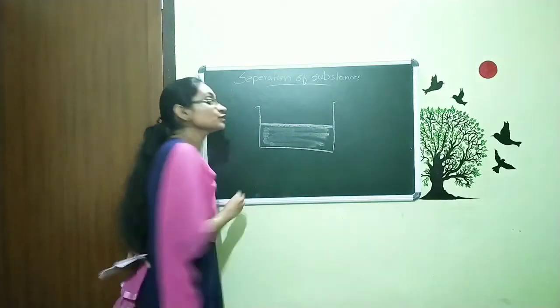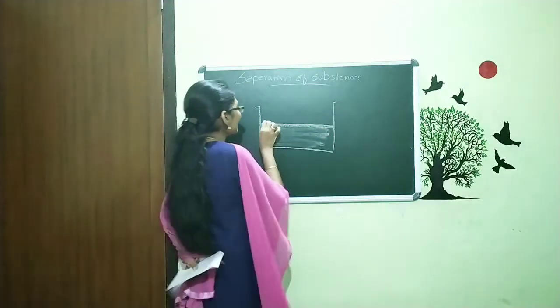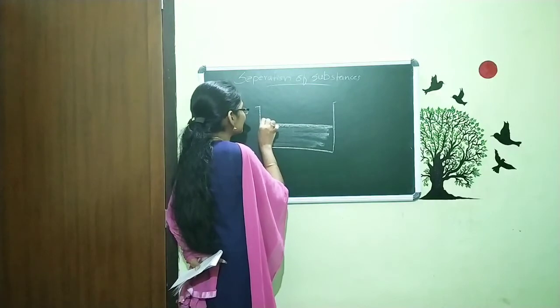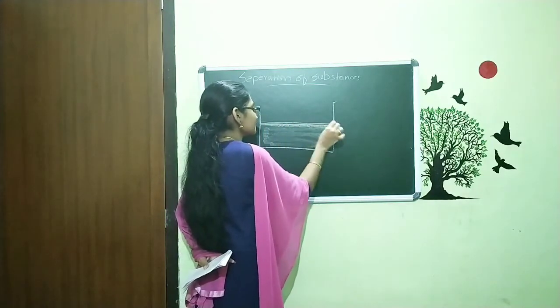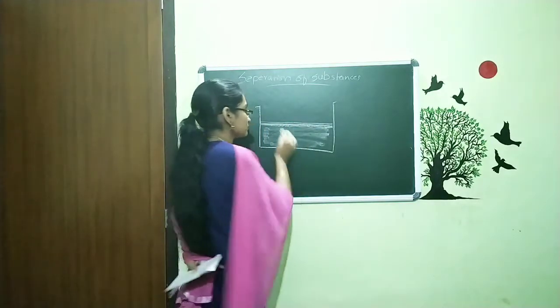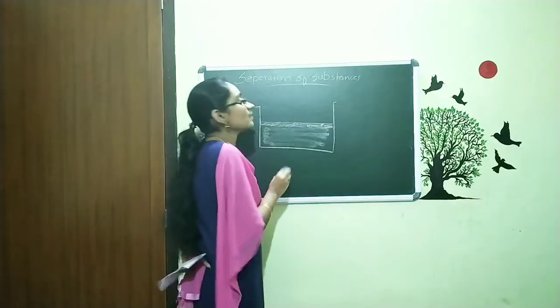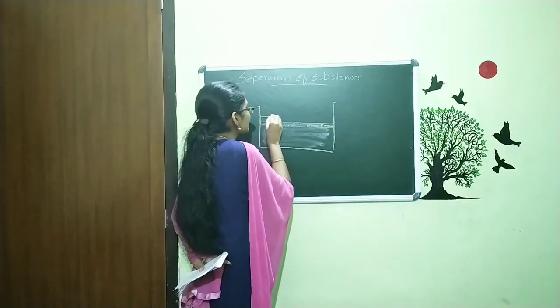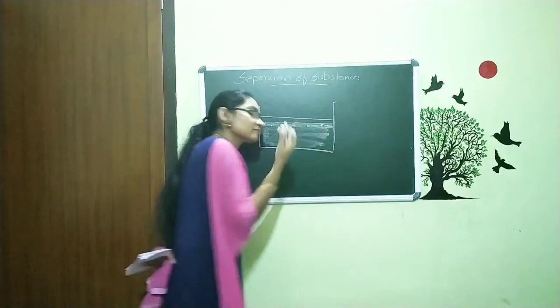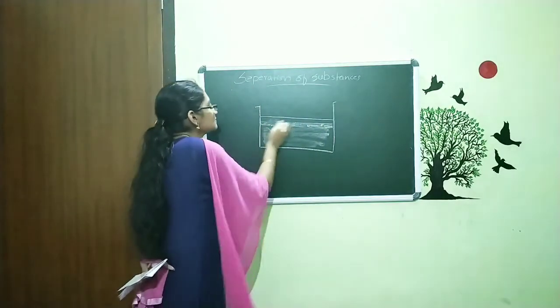That is a huge amount of salt, and I am mixing this with a little amount of sand. Now I am adding a little amount of water to this and again mixing this.